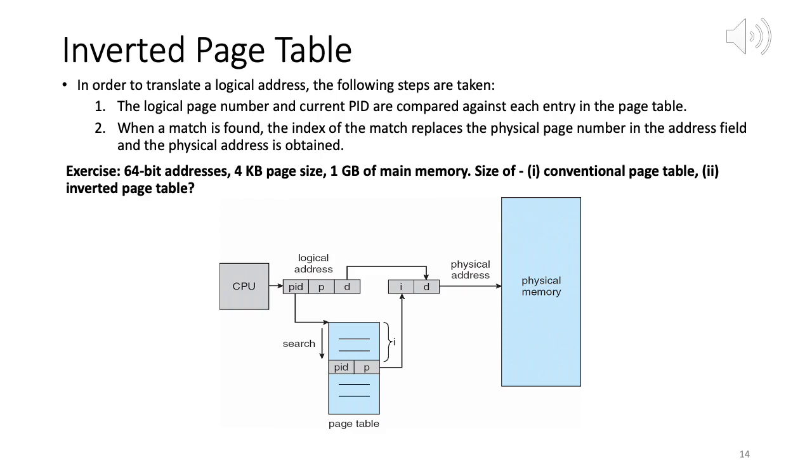Given the logical address, you take out the PID and the P part, and compare it with each of the entries in the inverted page table, which are tuples of PID and P. Ultimately you get a match, and for that particular PID and P, you look up the index value, which is the physical page number, the starting address of the physical frame. Get that, add it to the offset, and access the physical memory. So this is how an inverted page table works.